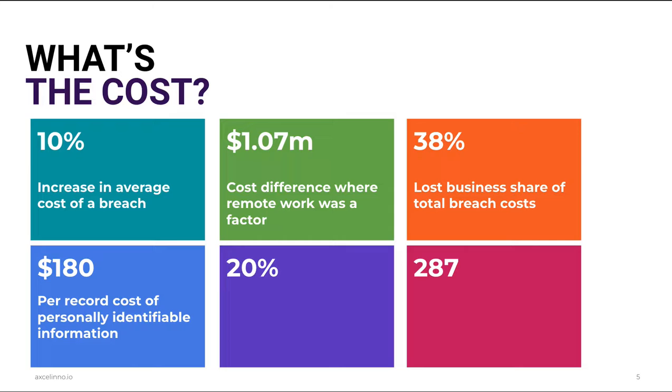And even with some industries where it isn't, it can still have a pretty big cost associated with it. And when we looked at a breach, the personally identifiable information was the most common type of record that was lost, and was included in 44% of all breaches. So just shy of half of all breaches had people's information being stolen.